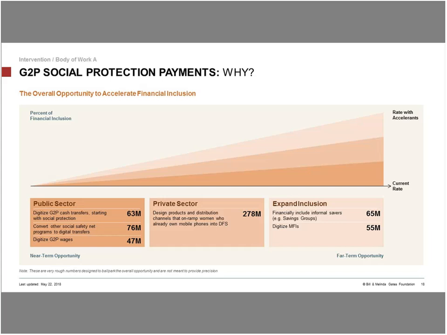And then in that last row there, actually there's a typo on here, it should just say digitized government wages, not GDP wages. Government wages received by women who don't have accounts, right, they're receiving payments in cash, was about 47 million.